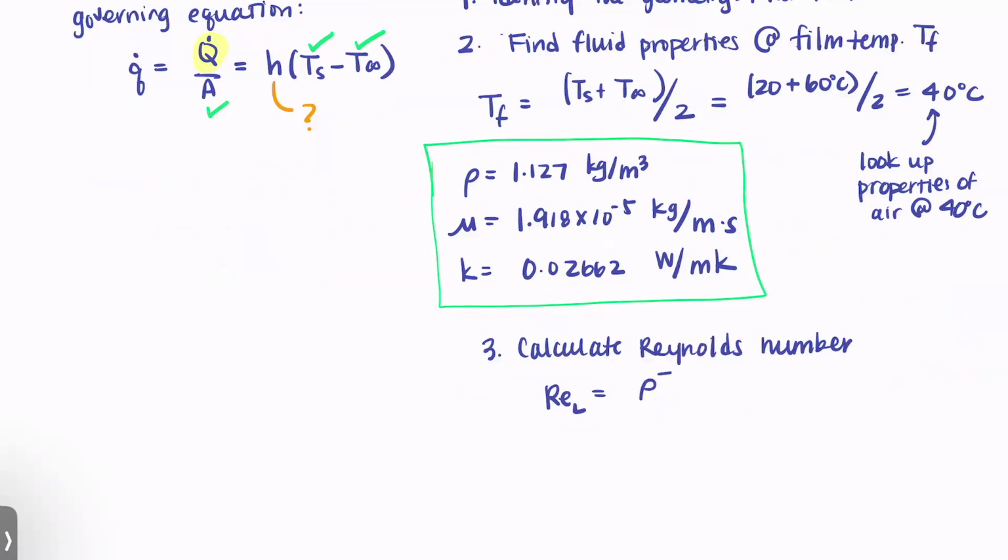This is greater than 5 times 10 to the 5th, so this is turbulent. All right, so we have an isothermal plate and the flow is turbulent, really narrowed down. The last thing we want is to figure out if we want locally varying or bulk properties.